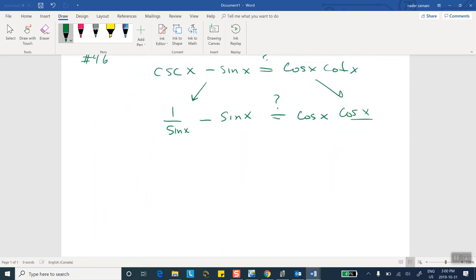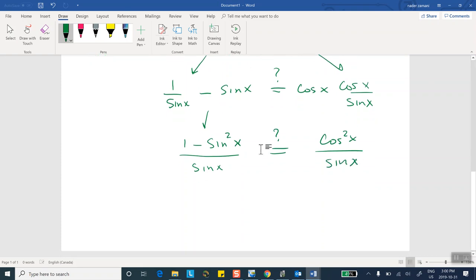Cosine x over sine x. Let's play with this. The common denominator is sine of x. 1 minus sine squared x. Is it equal to cosine squared x over sine x?